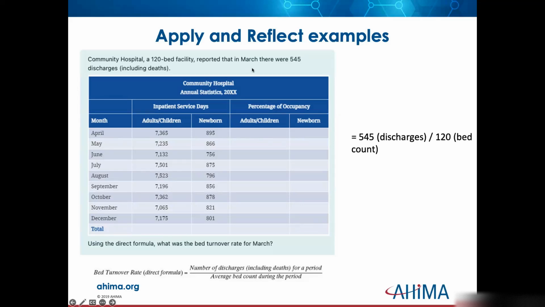It tells us that in March, there were 545 discharges, including deaths. We're going to divide that by the 120 bed facility. That gives us 4.541666667, or 4.5.